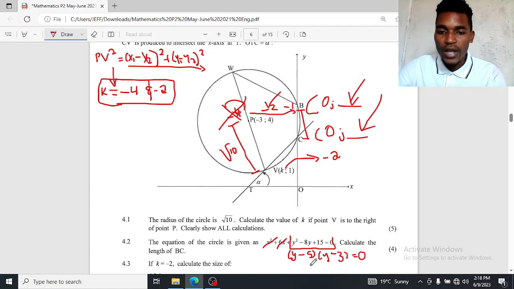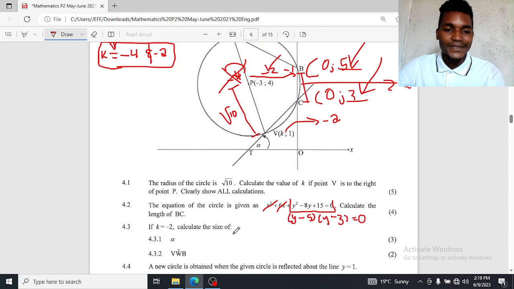That means our y is going to be 5 and 3. So 5 minus 3 is the distance between B and C. The answer to that is 2 units.